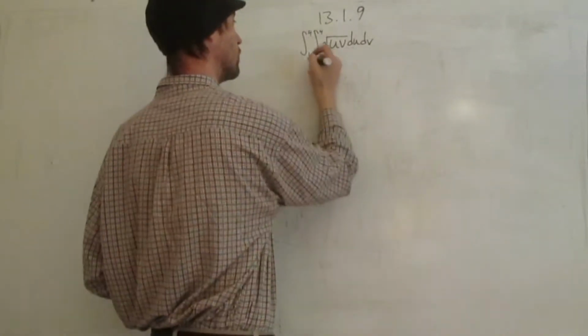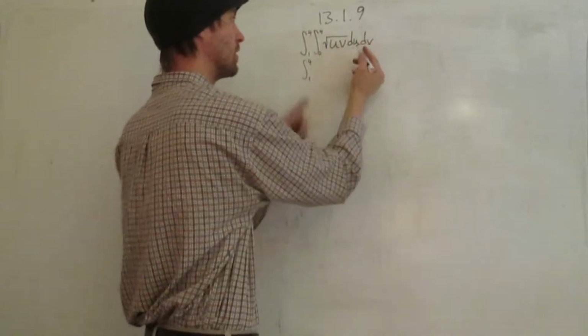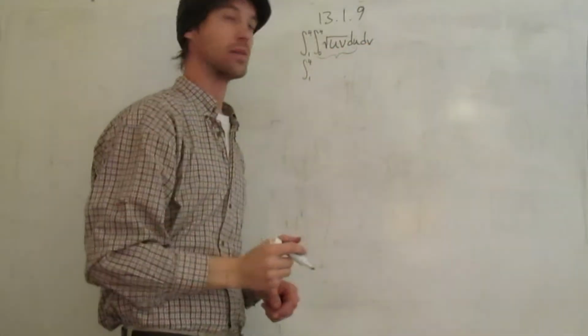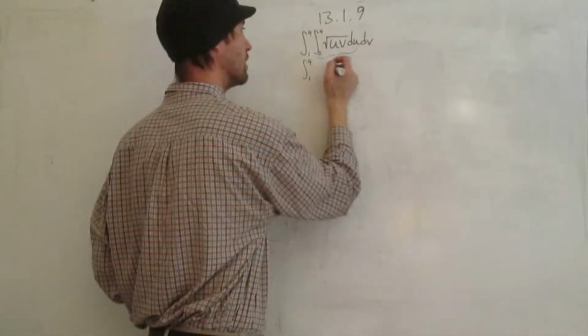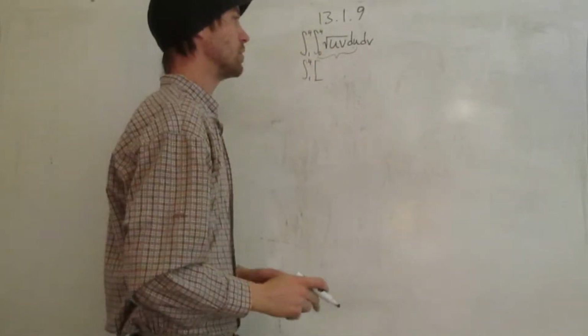So now we need to evaluate the inner integral. Sometimes it helps me to just write a little thing here. So we're going to evaluate the square root of uv.